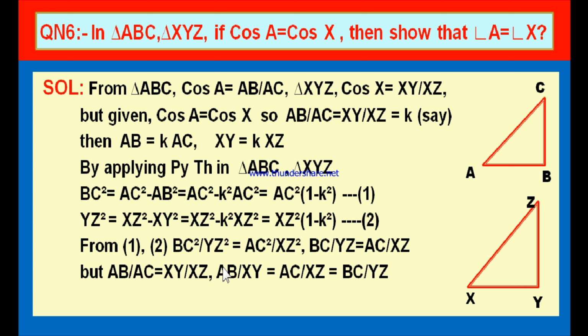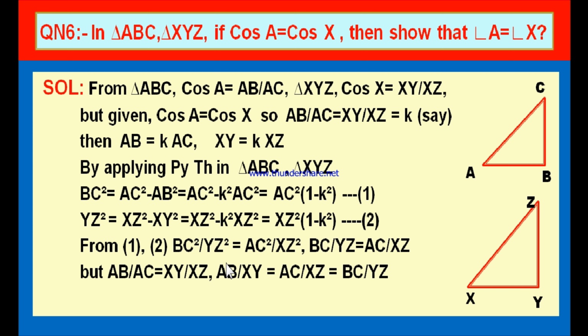Now, AB, AC and BC are the three sides of the triangle ABC. And XY, XZ and YZ are the three sides of the second triangle XYZ. Now, we got that AB by XY is equal to AC by XZ is equal to BC by YZ.